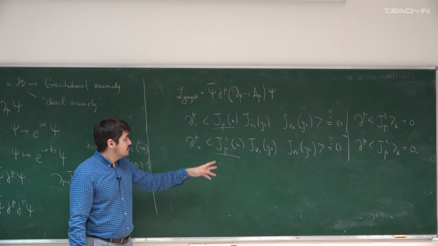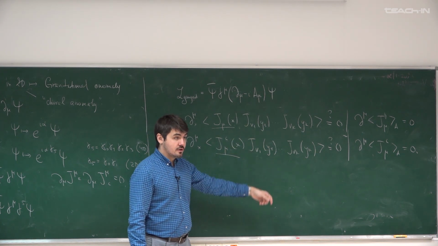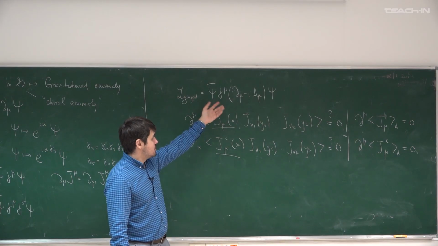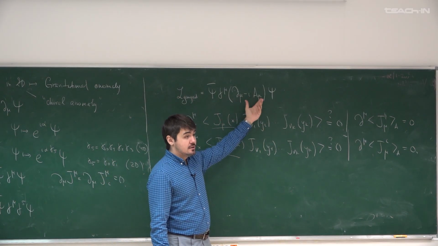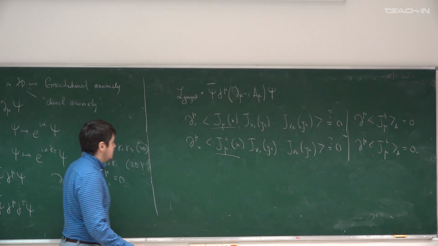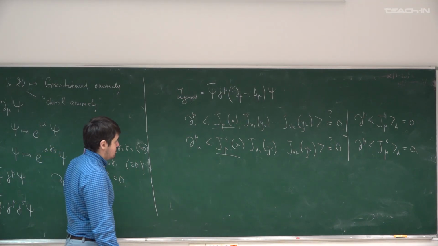You can expand it in powers of A, which will give you insertions of the J current. So these correlation functions are just expansions of your partition function in A. So what can be the problem?